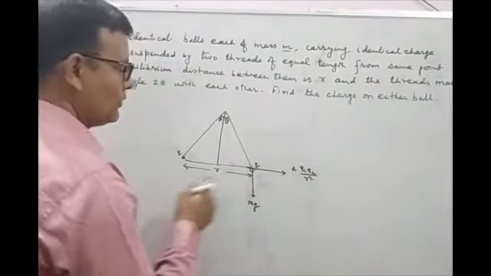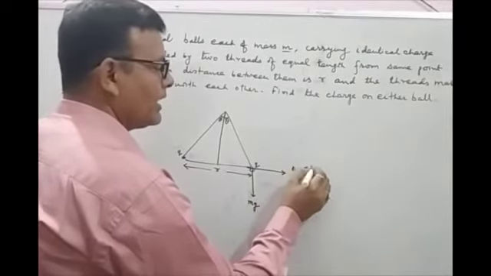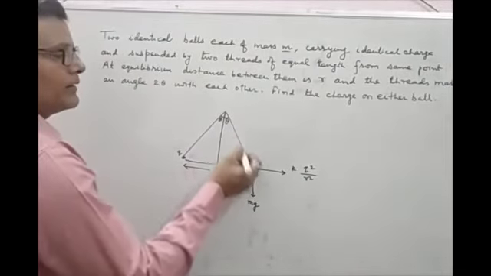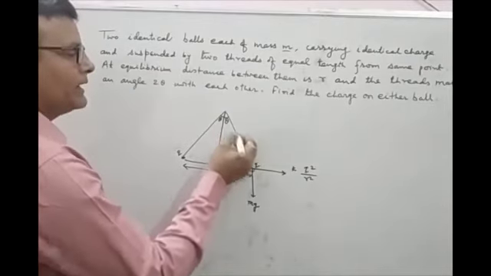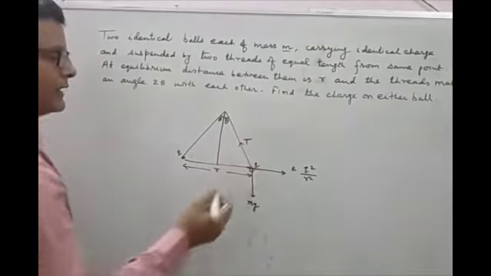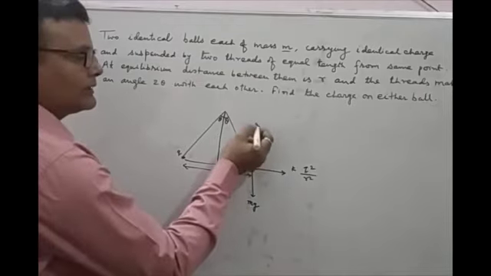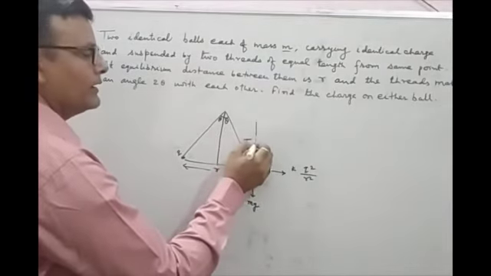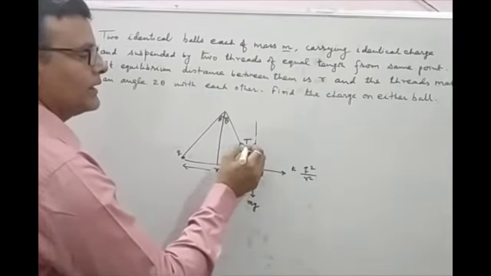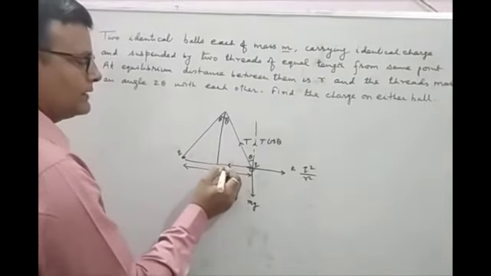Here q1 and q2 both are same, so we can write q square by r square. And the ball is suspended by a thread, so there is a tension along this direction. Now resolve T in this direction. This is theta, this is also equal to theta, this is T cos theta, and T sin theta.